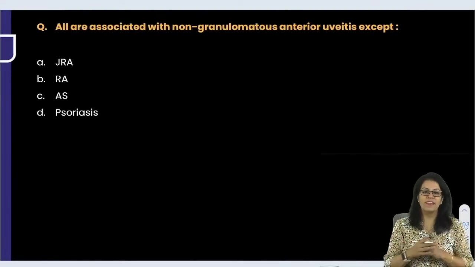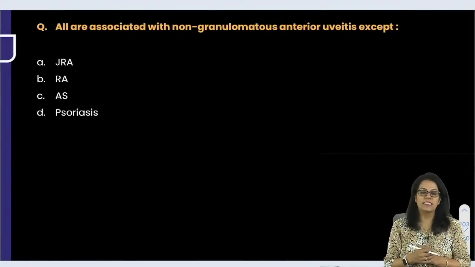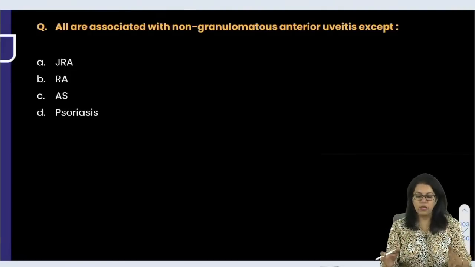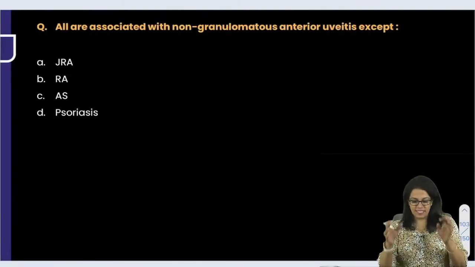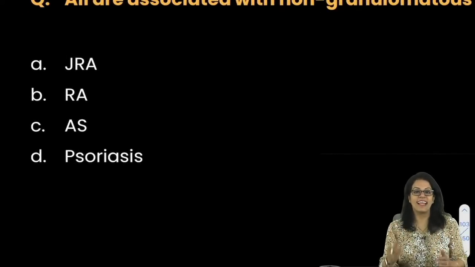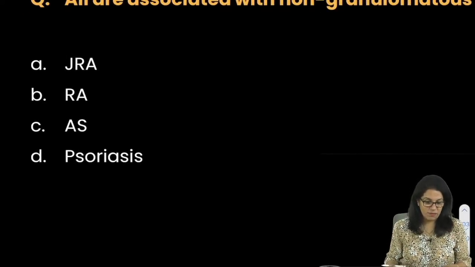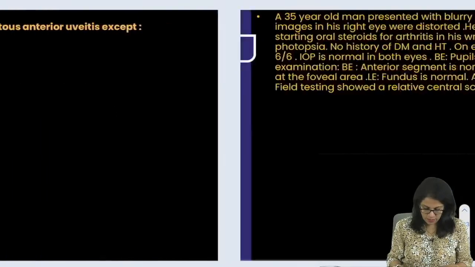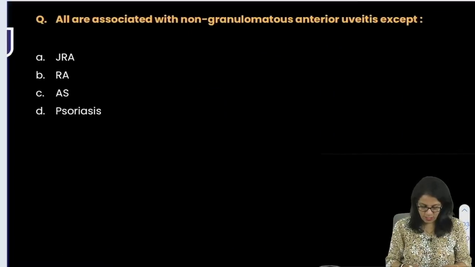Okay, now we come to this one. Can you answer this question? It's interesting, very simple question. All are associated with non-granulomatous anterior uveitis except. Look at what is written. Non-granulomatous anterior uveitis except. What will you answer? I expect you to answer this, so I am not answering. Tell me.